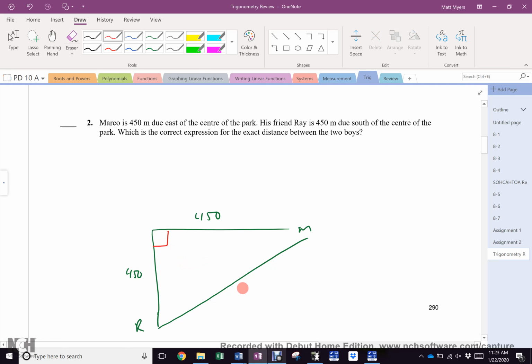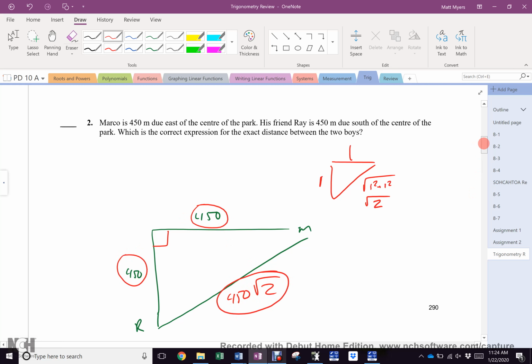So this must be the same as if I had 1 and 1. That would make this the square root of 1 squared plus 1 squared, which is the square root of 2. So this must be the square root of 2, but it's 450 times bigger. So it's 450 root 2.